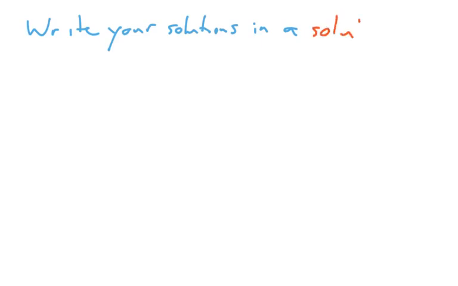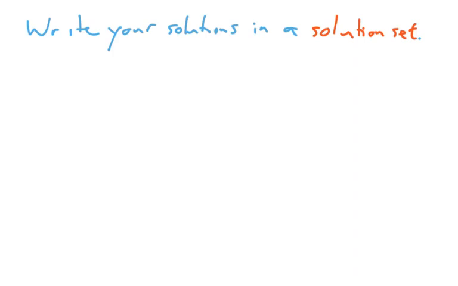Because we sometimes have more than one solution to an equation, it's very, very common to see a book ask you to write your solutions in a solution set. A set just means a collection of objects.